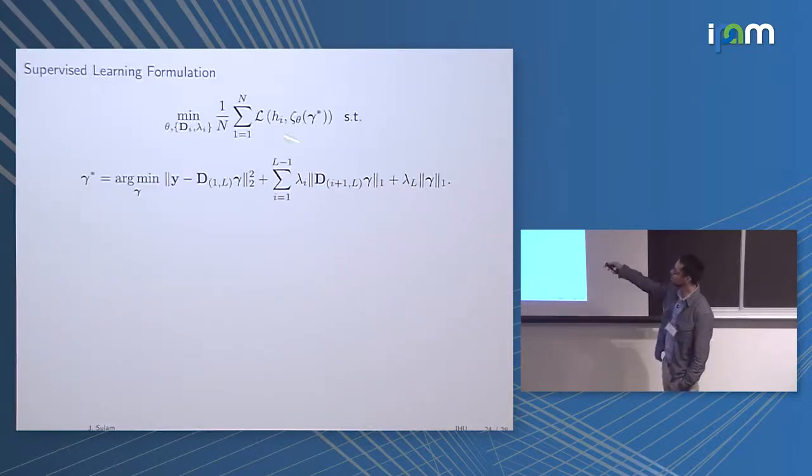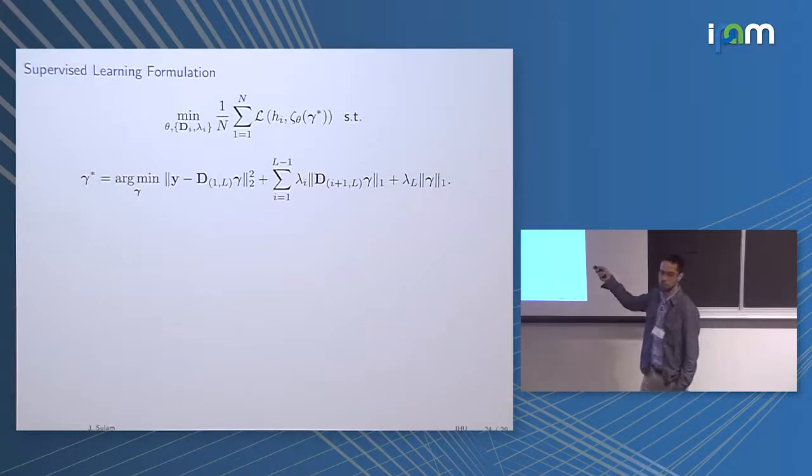Here we are going to minimize a supervised learning cost, let's say a classification loss, let's say cross entropy. You get given labels h_i, and we're going to have some classifier parameterized with parameters theta, and we're going to minimize those parameters. You can think of this as a linear classifier acting on some representations gamma star.